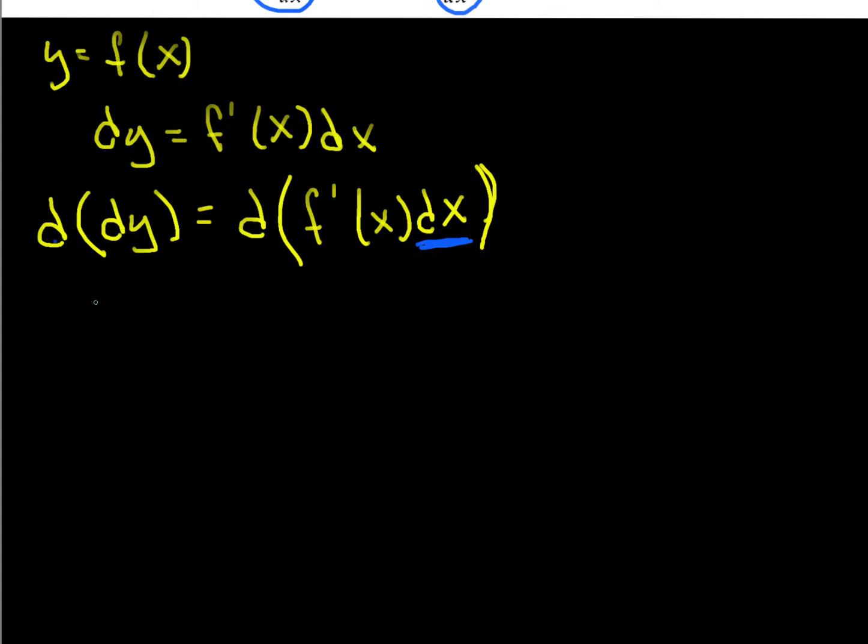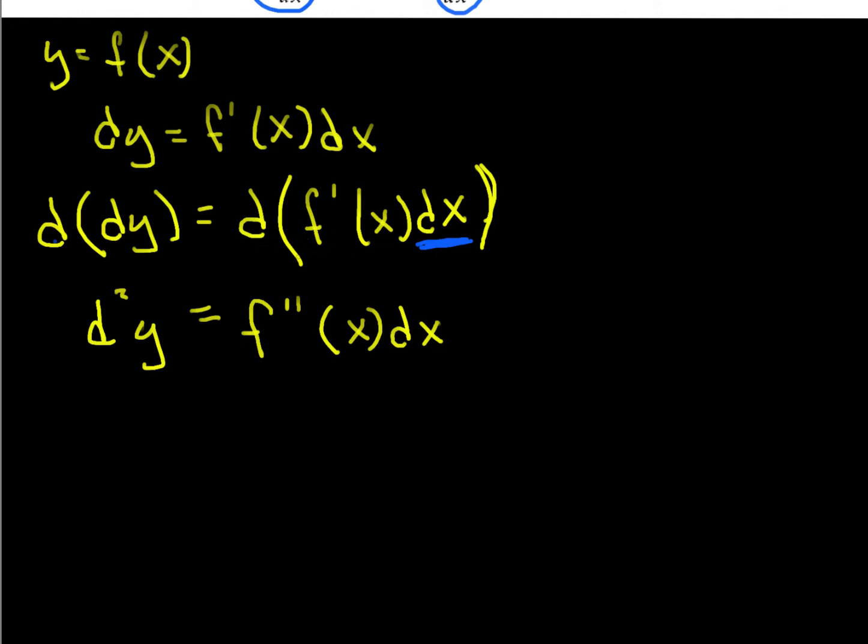So on the left, we write d squared y. And on the right, well, the differential of f prime is the derivative of f prime. So this would be f double prime of x dx.